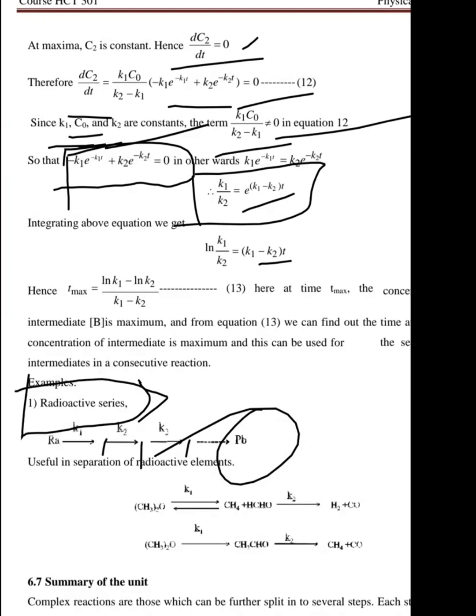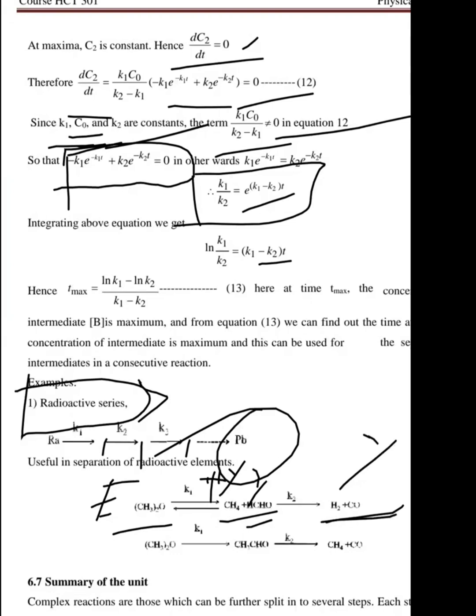Here we have taken ethanol forming, with rate constant K1, the intermediates methane CH4 and aldehyde CHO, and further the product is formed from these intermediates, methane and aldehyde, with the formation of hydrogen or carbon monoxide.